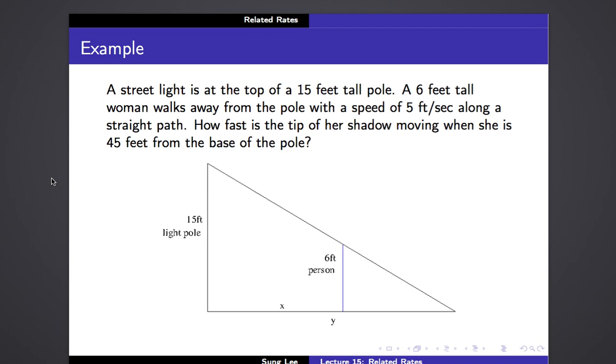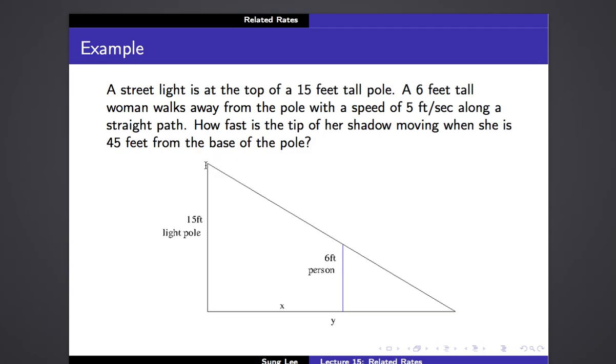The question is, how fast is the tip of her shadow moving when she's 45 feet from the base of the pole? That's the question, and the following figure depicts what's described in the question.